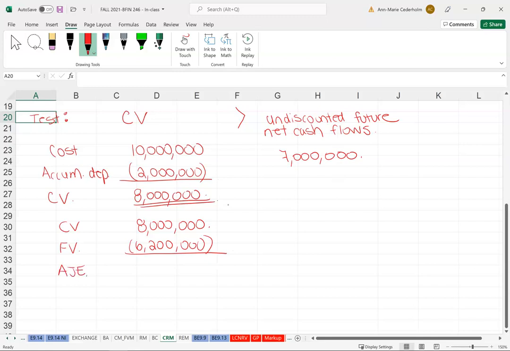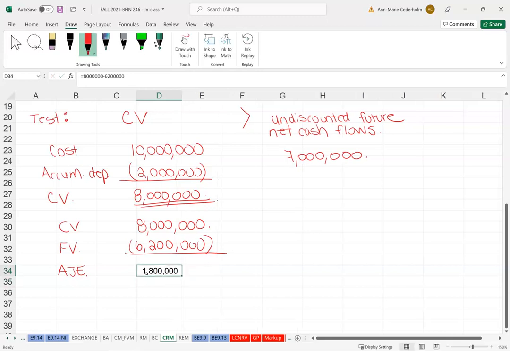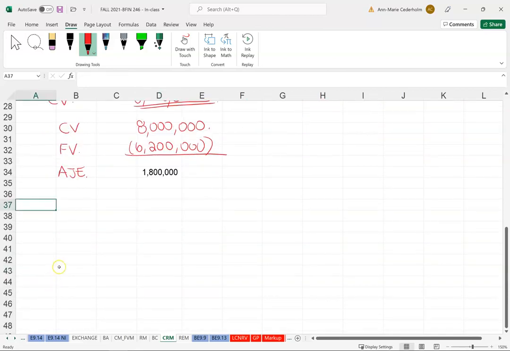So I'll just say adjusting journal entry. That would be $8 million minus 6.2 million. So the adjustment is 1.8 million. The journal entry would look like this.